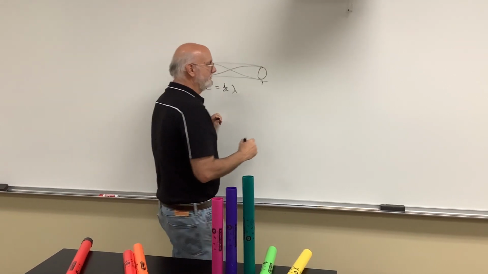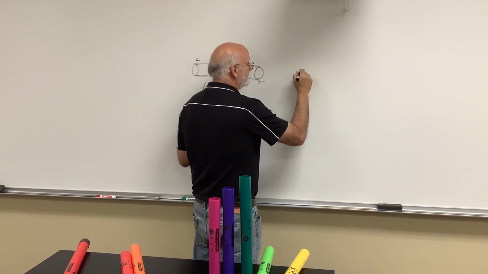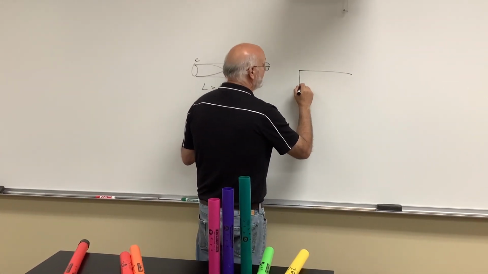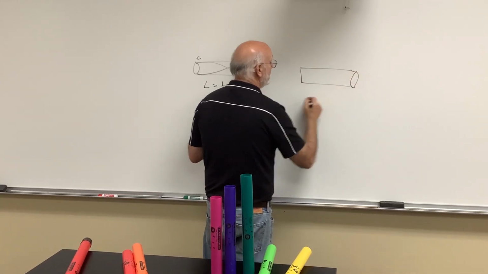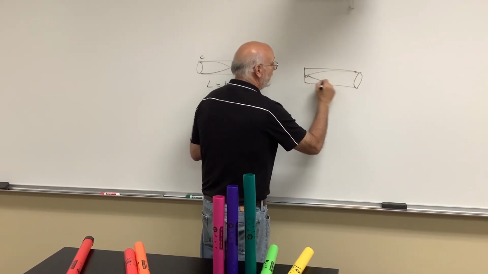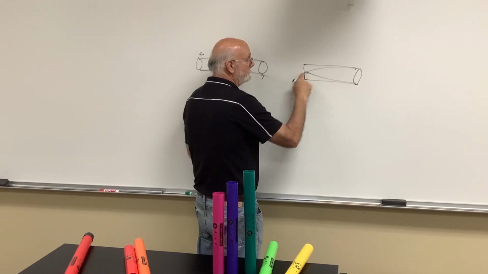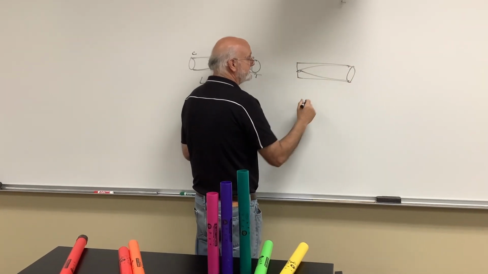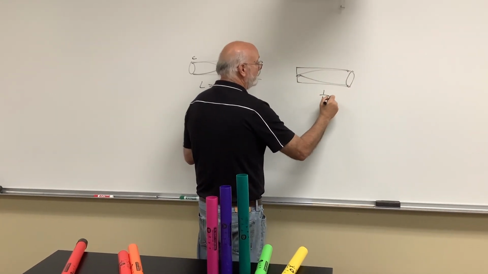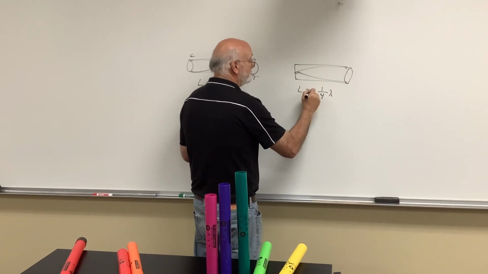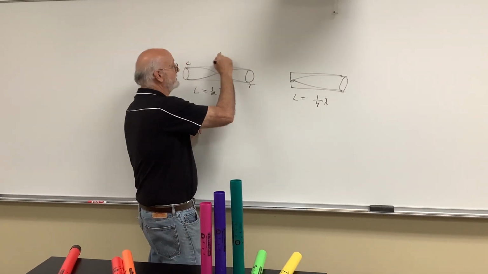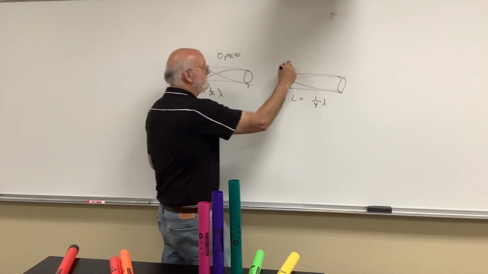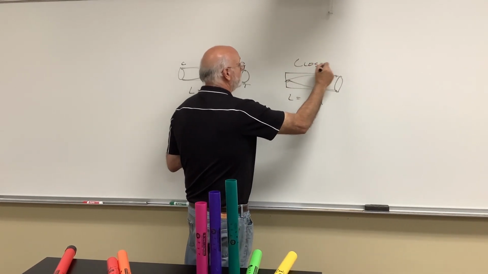But if I cap it, and I get a closed pipe, same length as before, now what happens? I'm going from the middle to the crest, which means that's 1/4 of a wavelength. So this is your classic open, this is your classic closed.